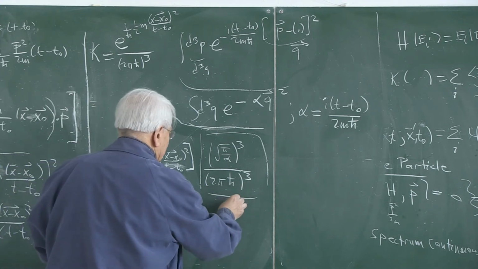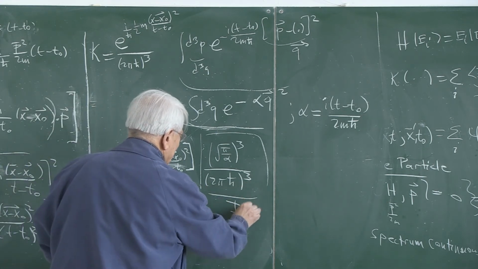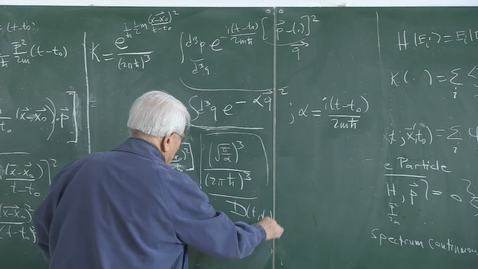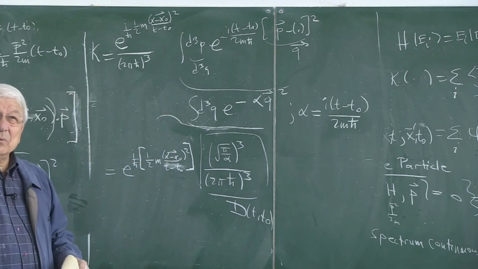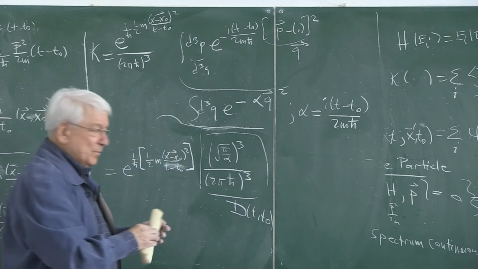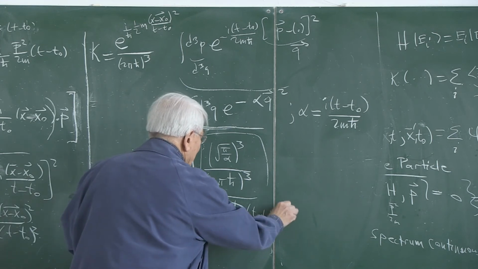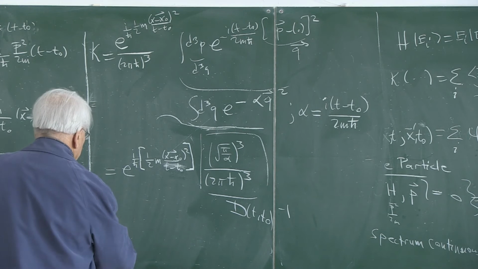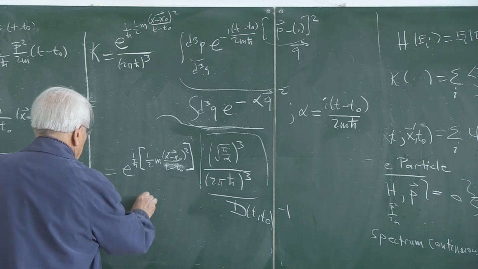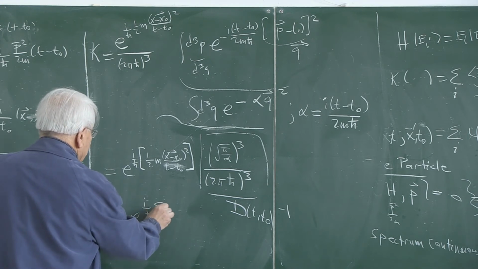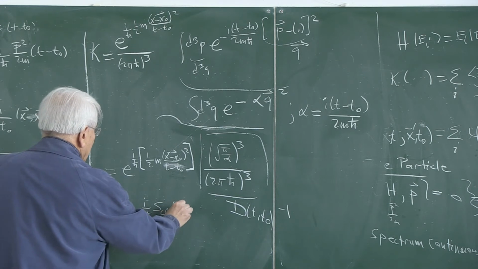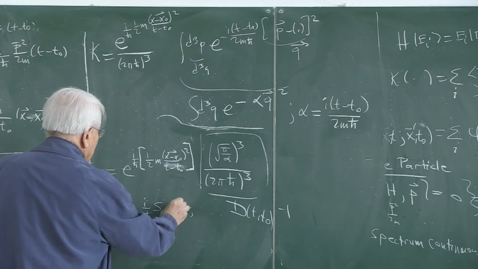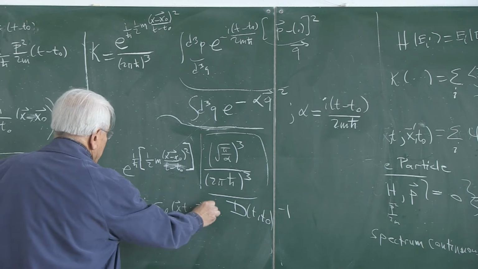This is usually denoted as D of t and t0, the usual notation. Sometimes some people prefer to call it 1 over D. That's a notation to write it symbolically. So what is it? It is the following: e to the i over h bar S classical of x, t, x0, t0.